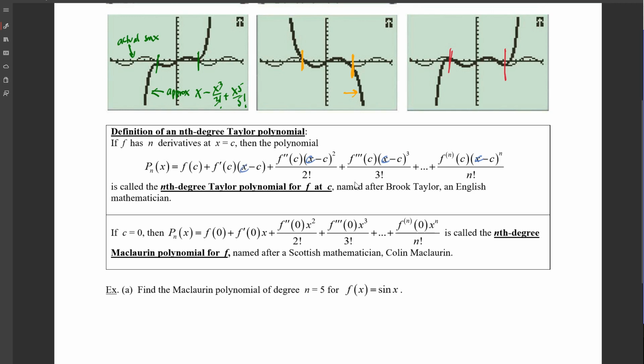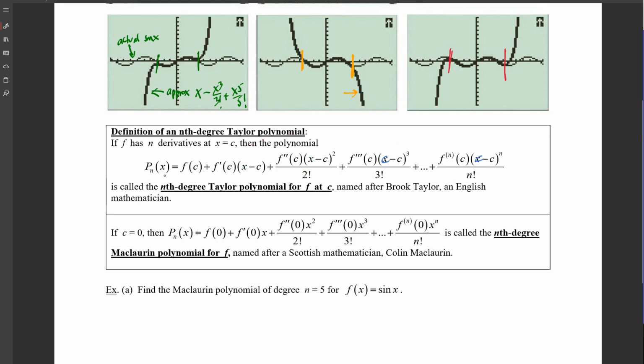And all you have left is this term here, which means that f of c is equal to that function, whatever function you put here.